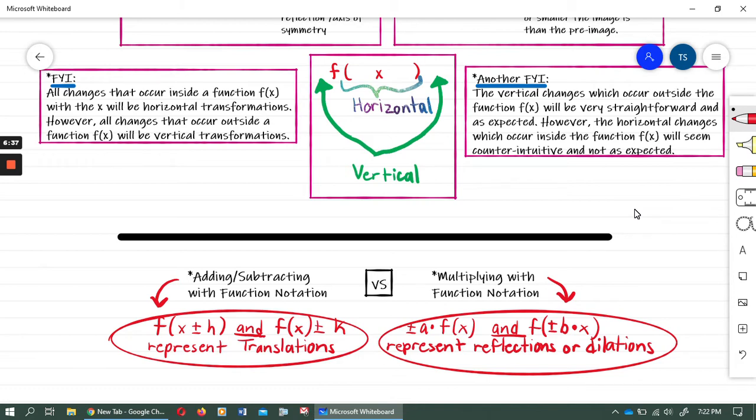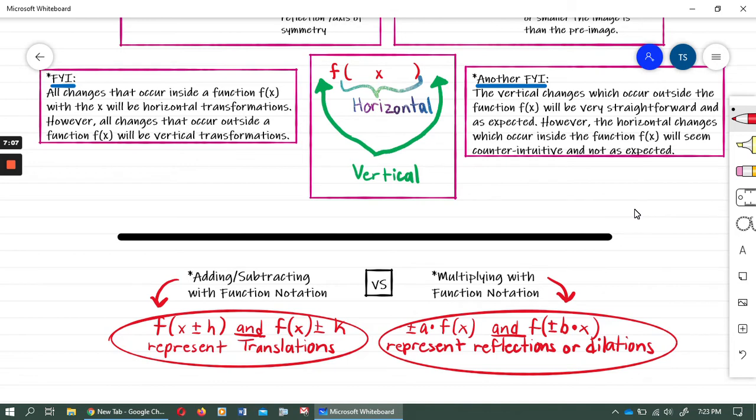Okay, so there's a major difference between when we're adding and subtracting with function notation and when we're multiplying and dividing with function notation. As we already mentioned, when we're adding and subtracting with function notation, that is what represents your translations, shifting left, right, up, and down. And we've talked about that already in a previous lesson.